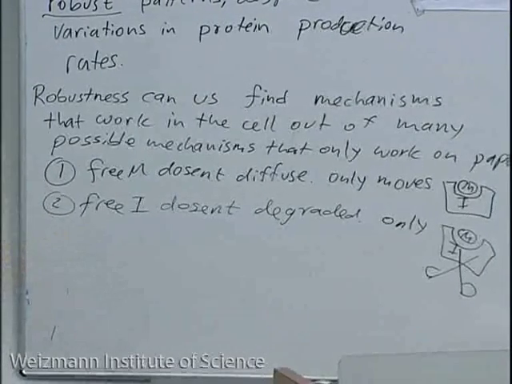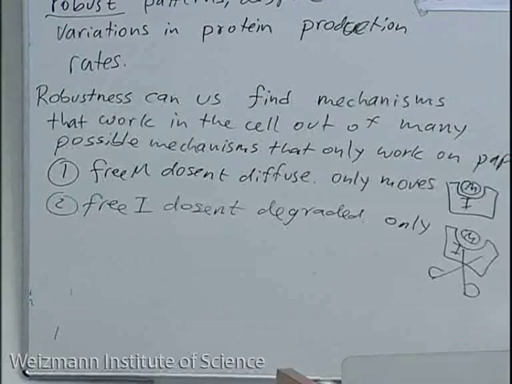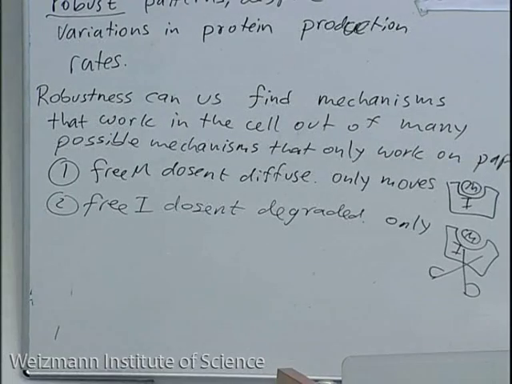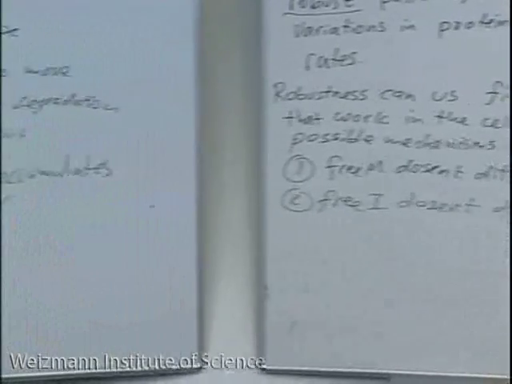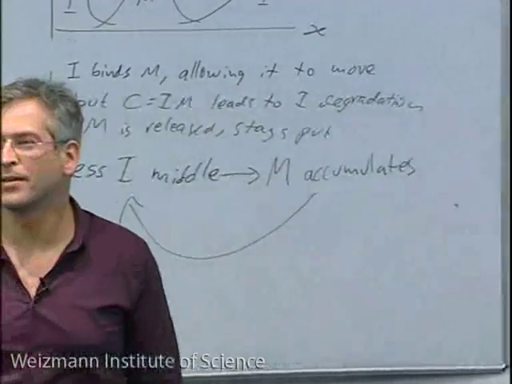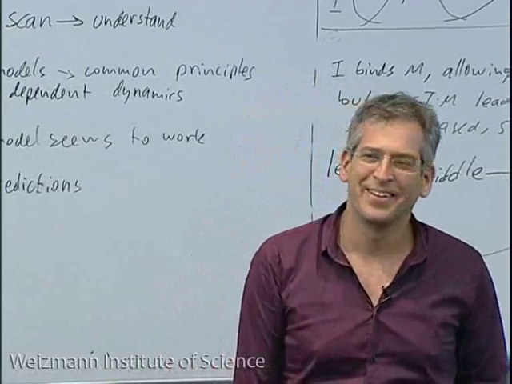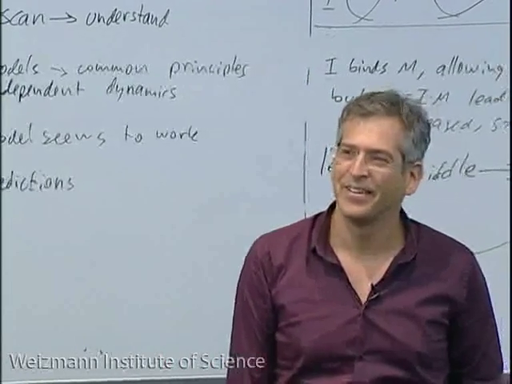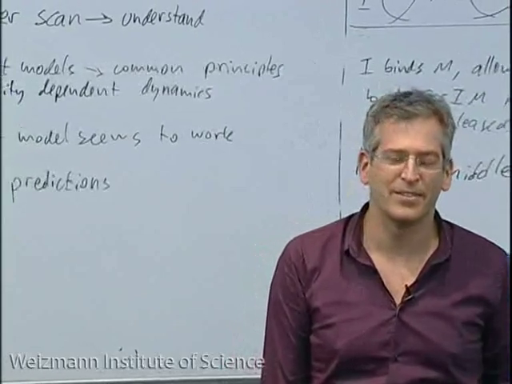But the fact that free M doesn't diffuse, that the morphogen only moves when it's bound to the inhibitor, was a surprise, and it turns out to be true, and that opens up this mechanism. Was it proved by other experiments not related to this one? Yes.